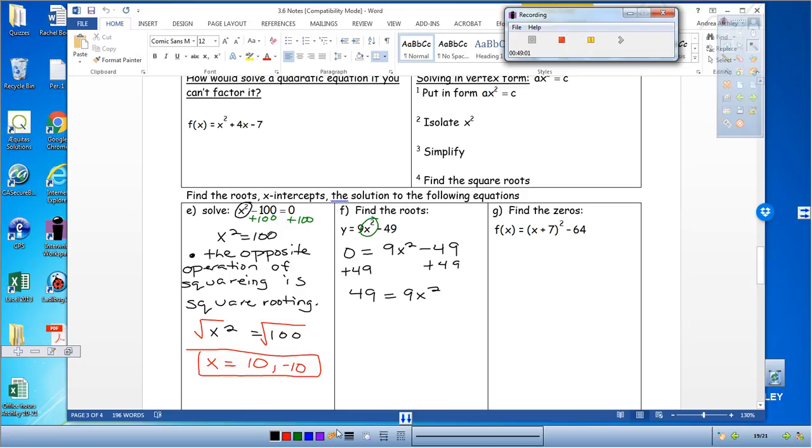Very good. I still need to get that x squared by itself, so I have to divide by the 9. So I'm going to get 49 over 9 equals x squared.